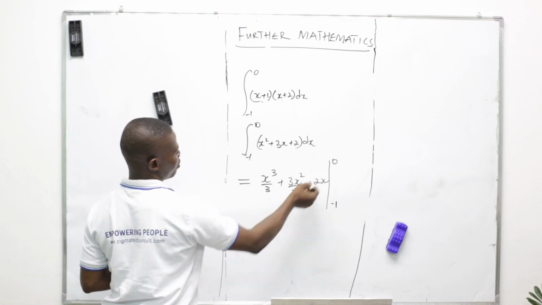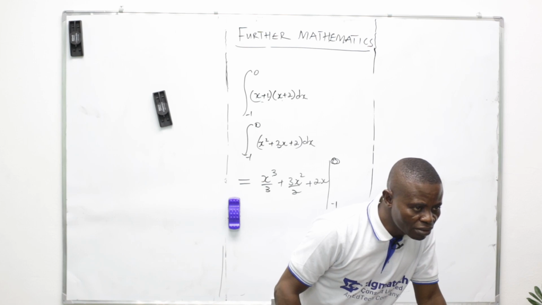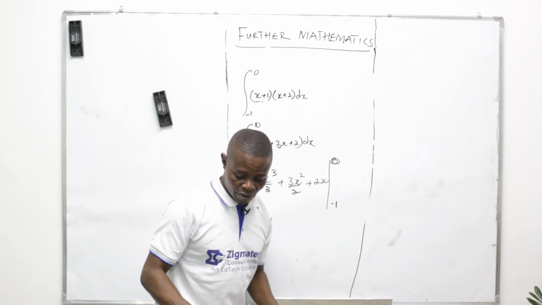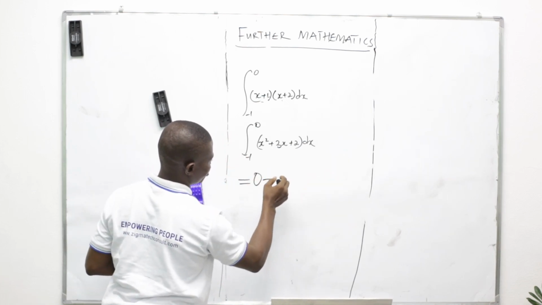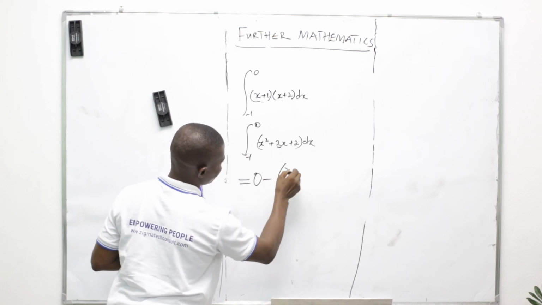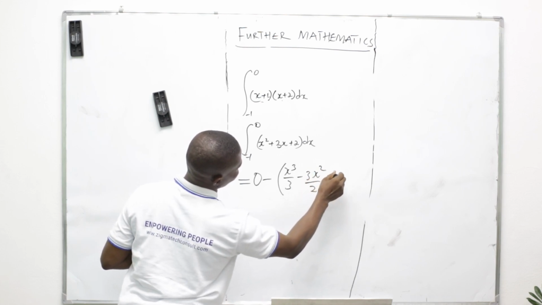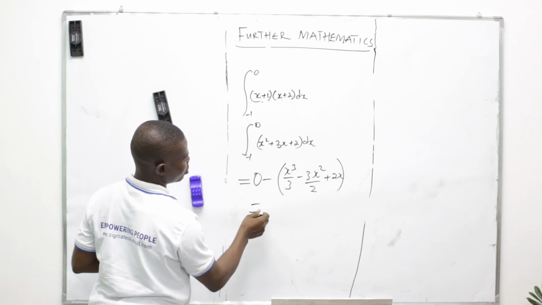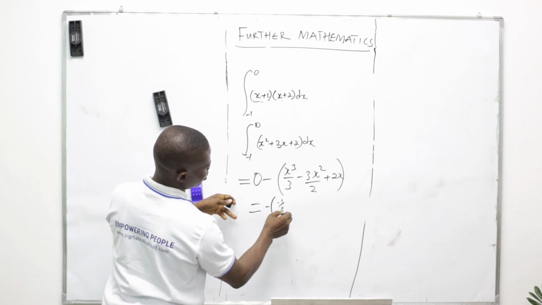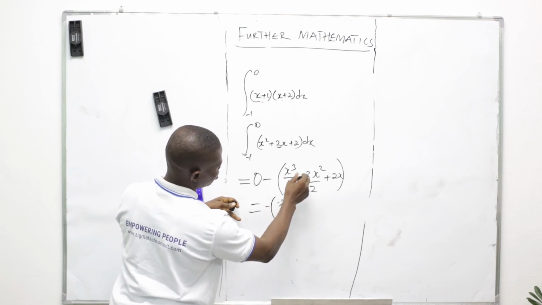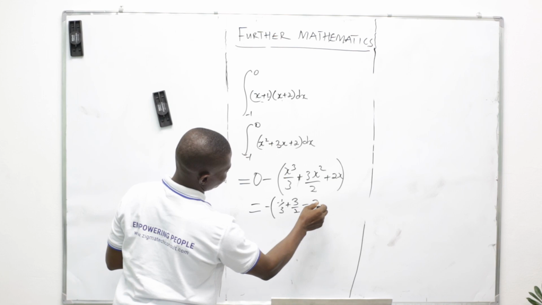Having this for the upper limit, the integral from −1 to 0. The upper limit is 0 already, minus the lower limit: (−1)³/3 − ... 3x²/2 + 2x. This will give us 0 minus bracket, −1 over 3, 3 over 2, minus 2.